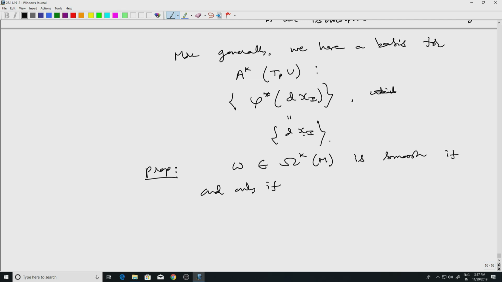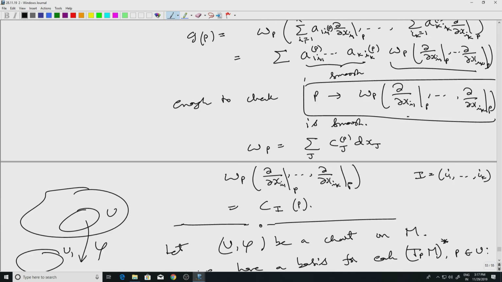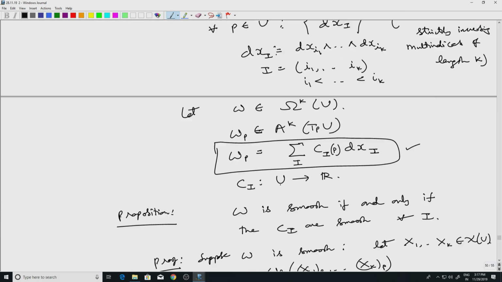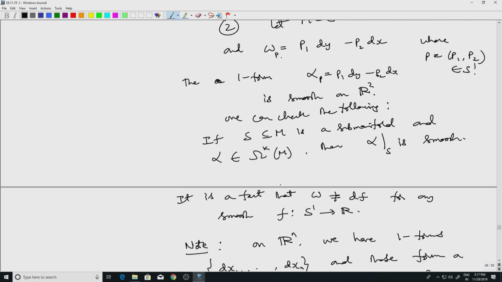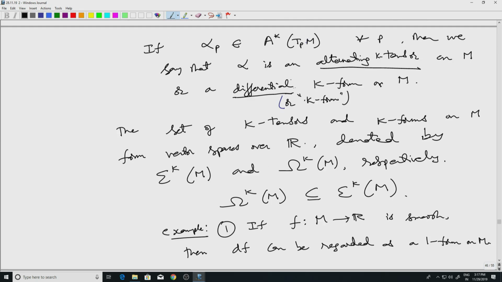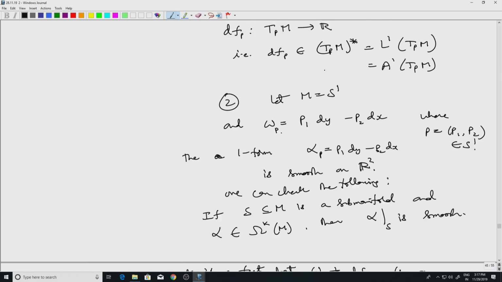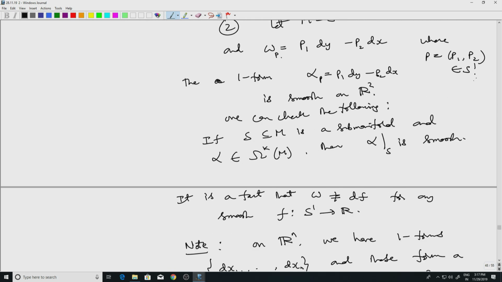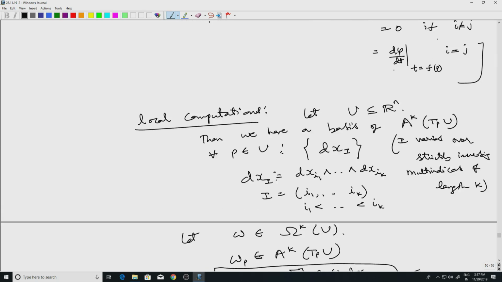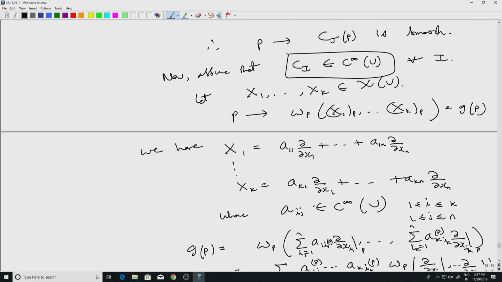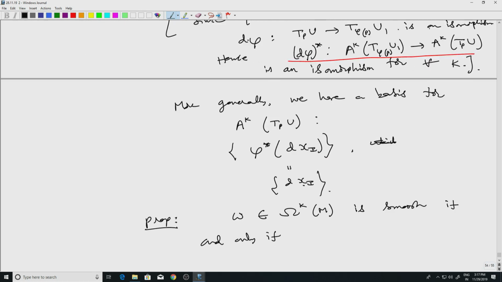So what I want to say is that any assignment p to alpha_p in A^k T_p M is smooth if and only if something happens, and that something is exactly what we had for open subsets of Rn.